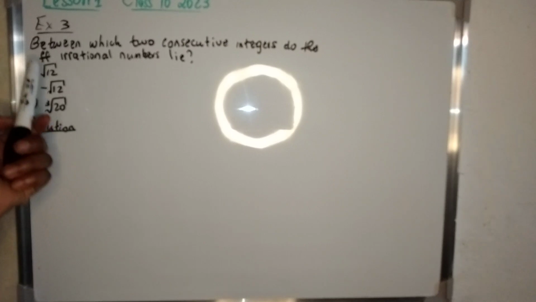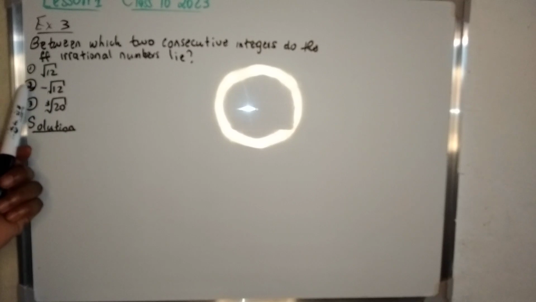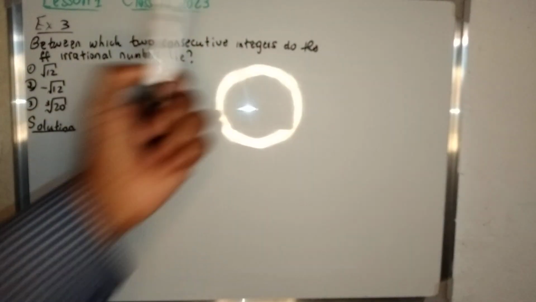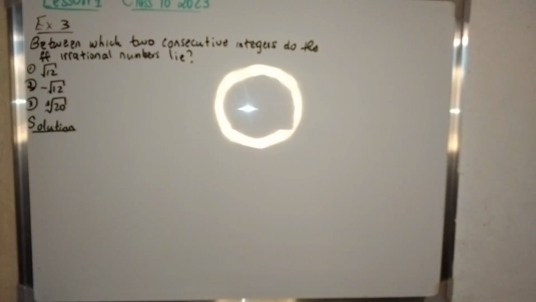But now they're asking us to identify only the two consecutive integers. Let's take the first one and see how we go about finding these two consecutive integers.